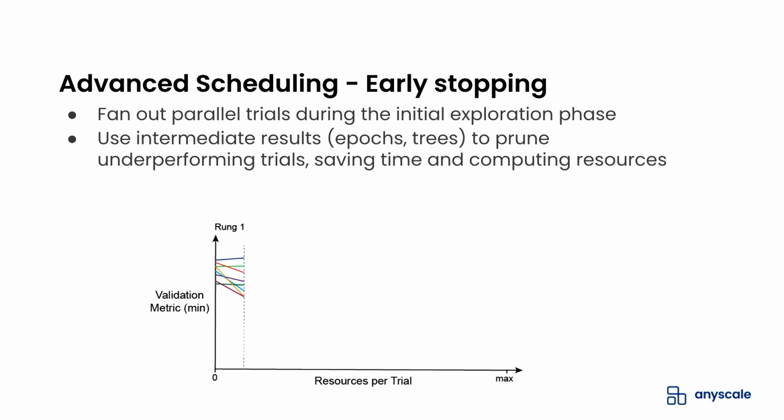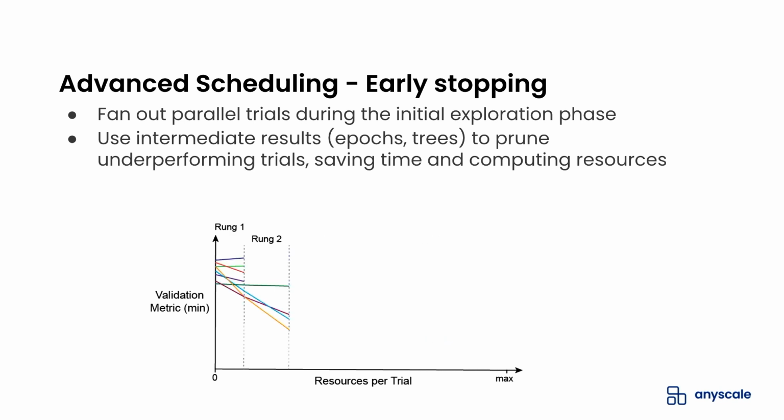Here is a simple illustration of this concept. This figure shows how different trials progress over time. The x-axis is the training time. The y-axis is the validation metric, which basically measures how well each trial performs so far. And a different color represents a different trial.